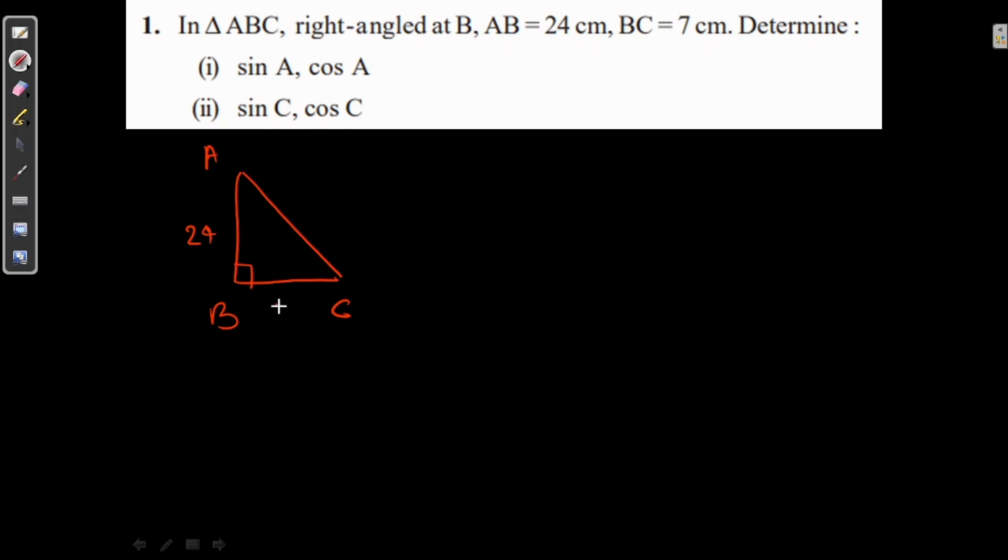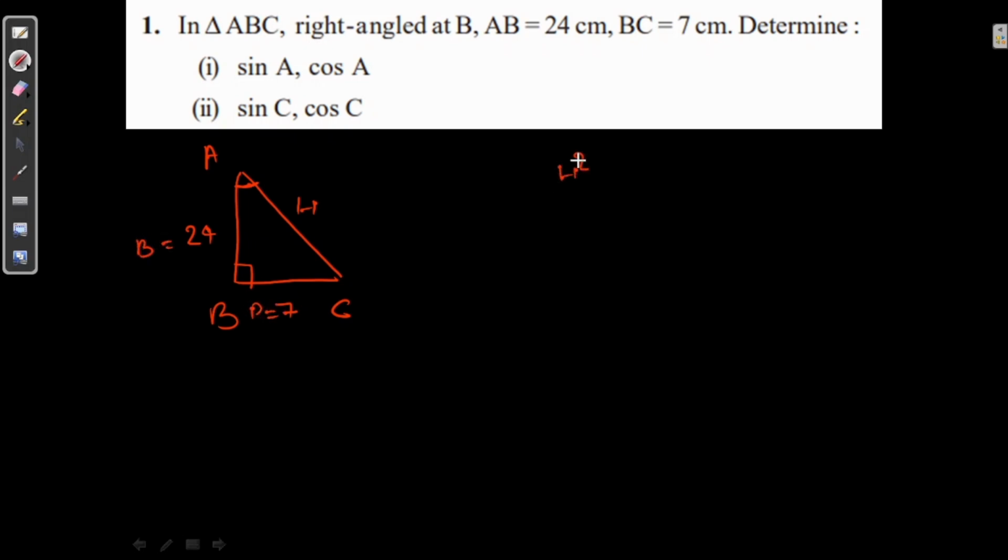BC is equal to 7, this is 7. Now they are asking find sine A, cos A. For it I have to find AC. So let's say this AC is hypotenuse, and for angle A, in first question they are saying angle A, I am considering this as perpendicular, which is opposite, and this as base.